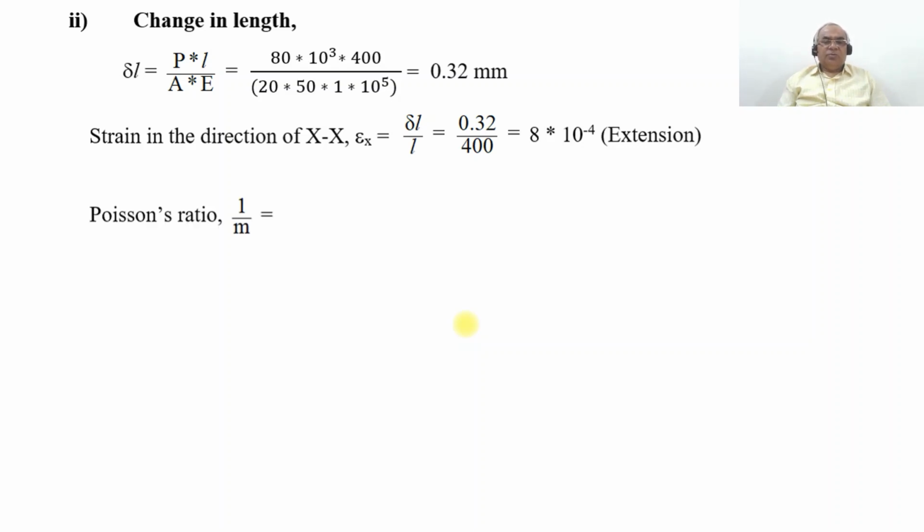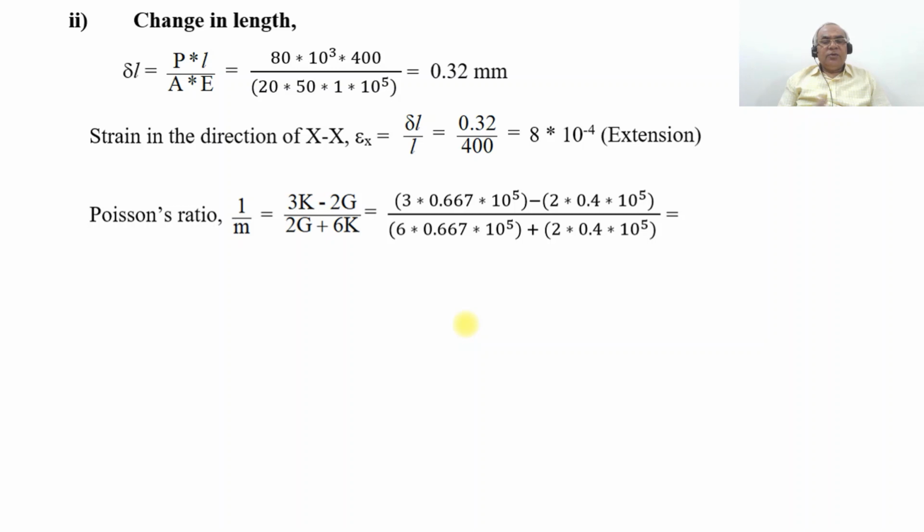What is the Poisson's ratio? The Poisson's ratio is given by lateral by longitudinal strain. So 1 by m will be equal to 3K minus 2G by 2G plus 6K. We know the value of K and we know the value of G, so you substitute those two values.